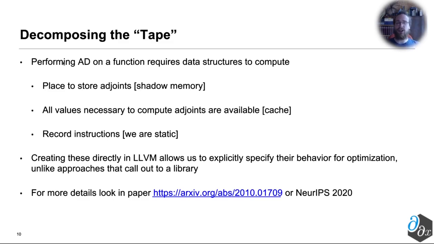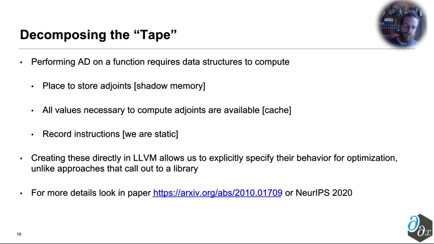Most auto-differentiation frameworks have some notion of a tape. In Enzyme, we decompose these notions. So we have the shadow memory where we'll store the adjoints, and we have a cache where we record data necessary to perform our computations for the gradient. And when we synthesize our reverse pass function, we will record this information, and that is a purely static operation.